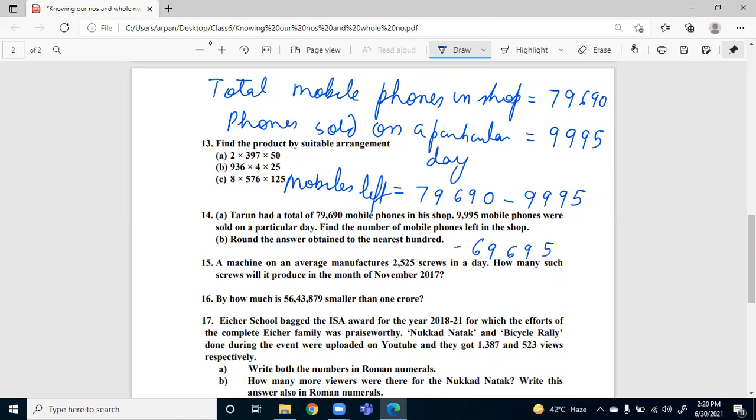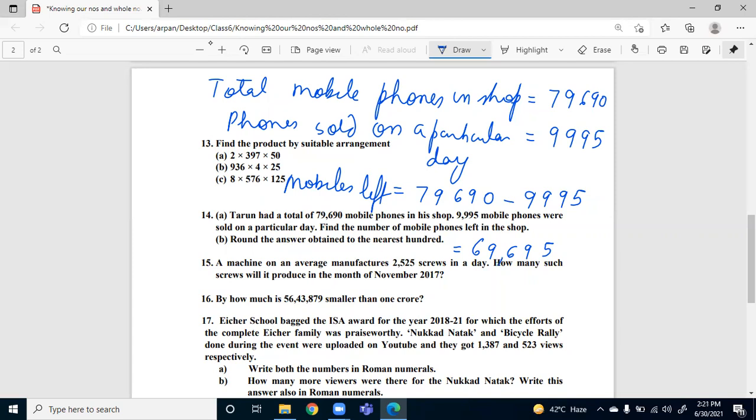You are correct. Very good. So whatever is the number of phones in the shop that you need to write first, then the phones sold that you need to write. Now mobile phones left, so subtract them. Then you will be getting this answer.